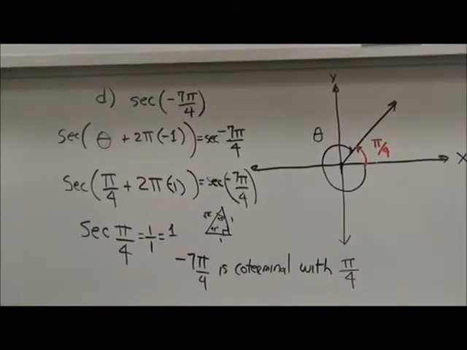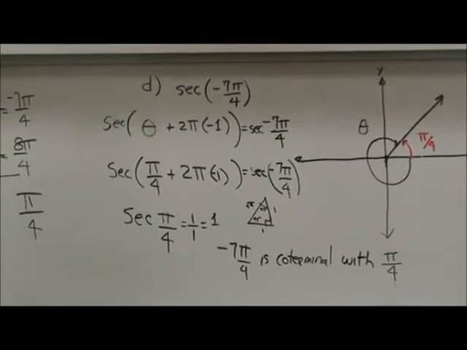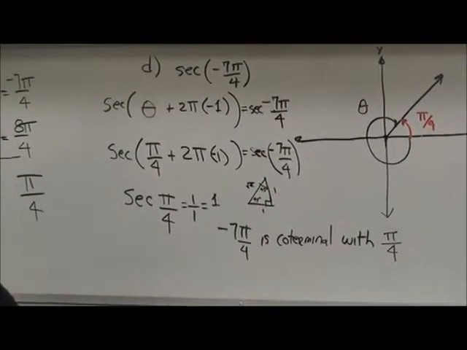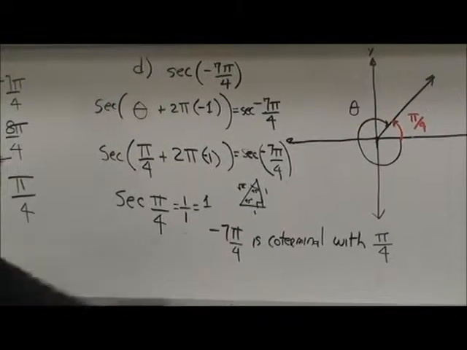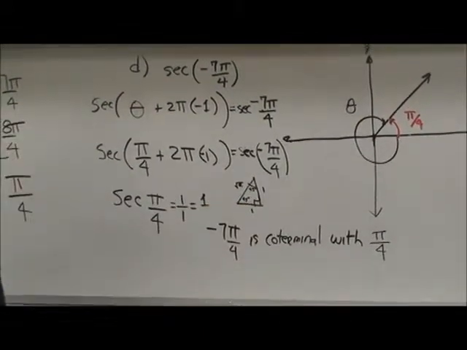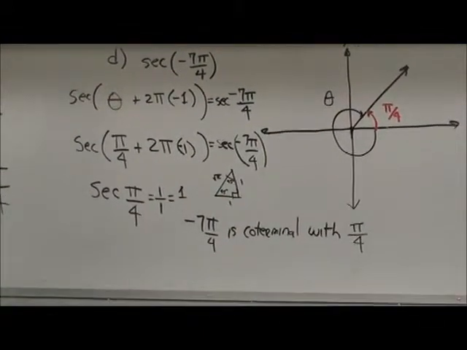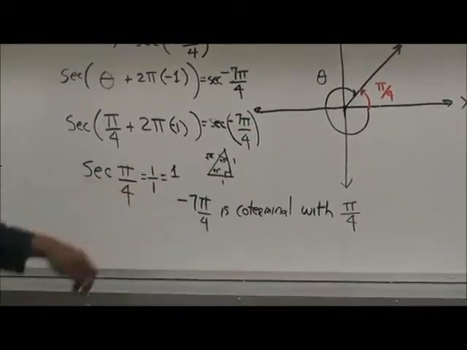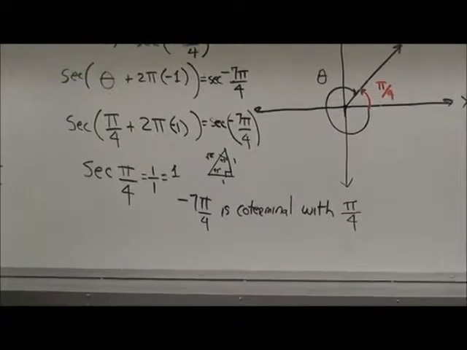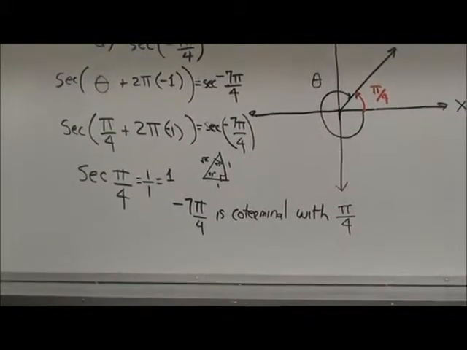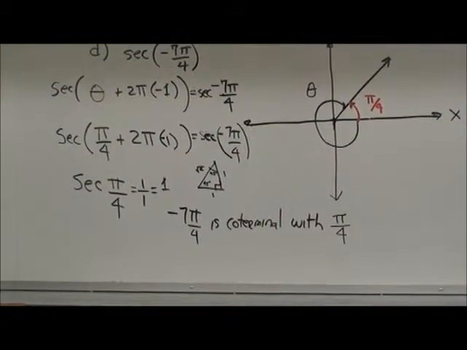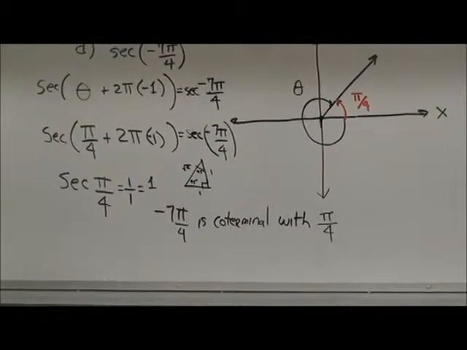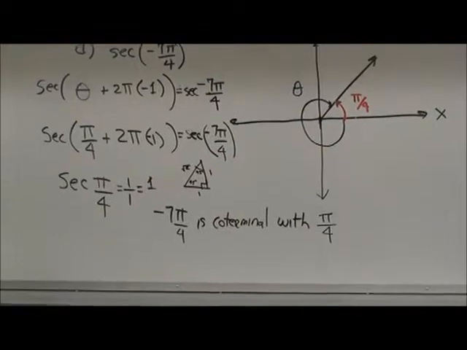If cosine is the adjacent over the hypotenuse, secant will be the hypotenuse over the adjacent. So it'll be one of these legs over the other leg, whichever, since these are the same. So it'll be 1 over 1 is equal to 1. And so secant pi over 4 will be equal to 1. So -7 pi over 4 is coterminal with pi over 4.